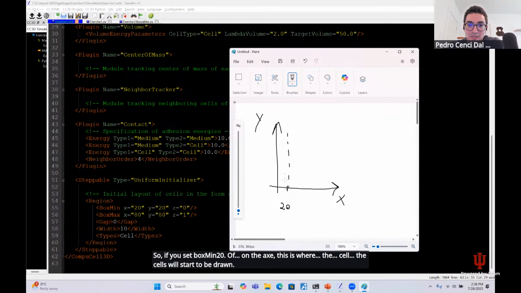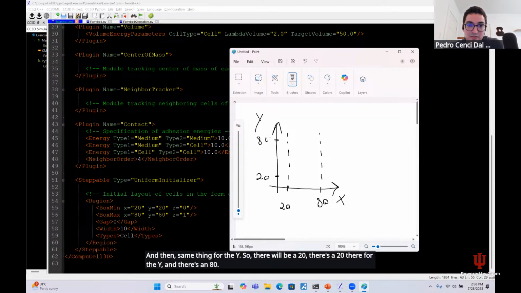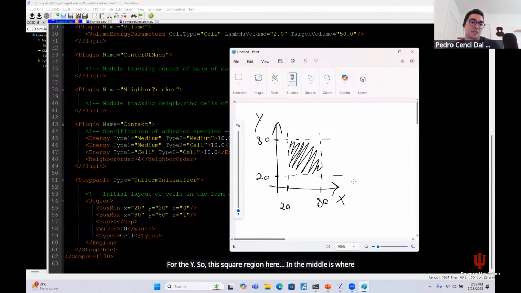It will go up to 80. So 80 is our other limit. And then same thing for the y. So there's a 20 for the y, and there's an 80 for the y. So this square region here in the middle is where CompuCell will draw the cells.